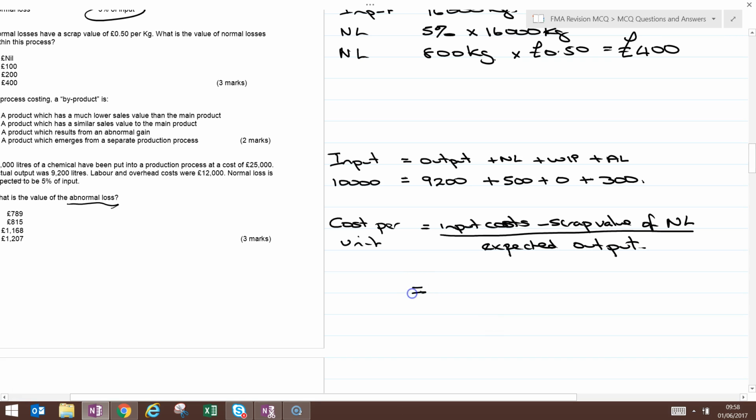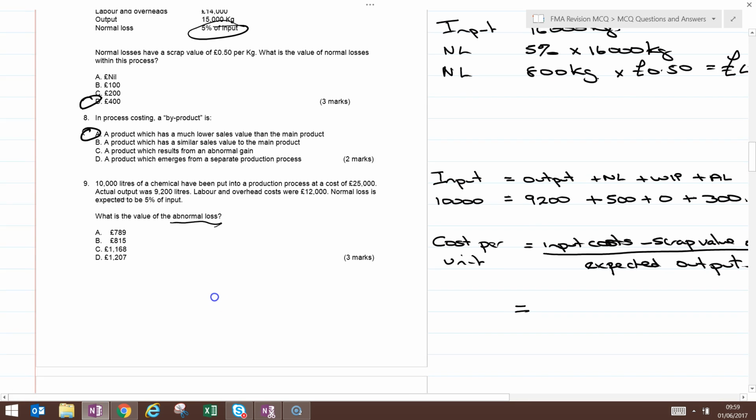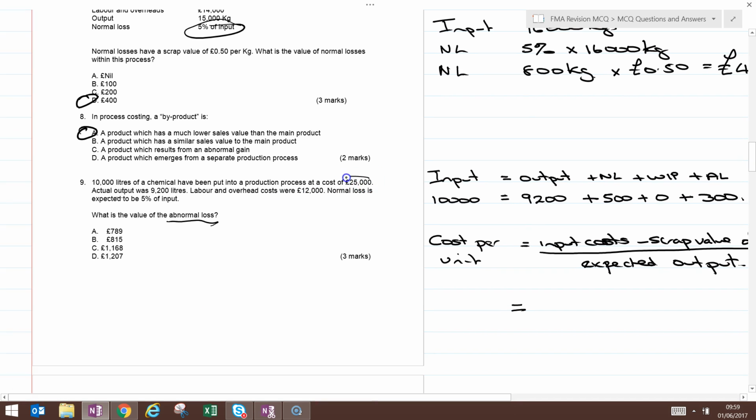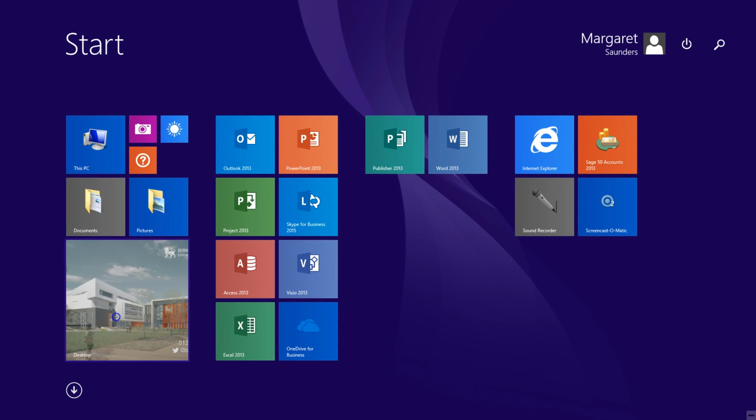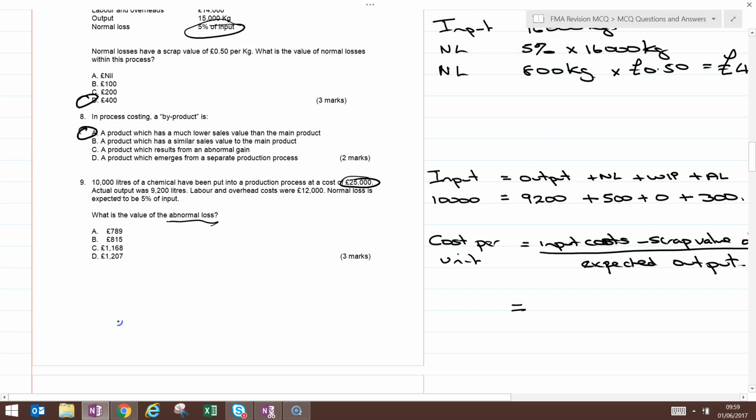So our input costs are all the costs that go into the process. So that's material, labour and overheads. So we've got £25,000 of material and we've got labour and overheads of £12,000.